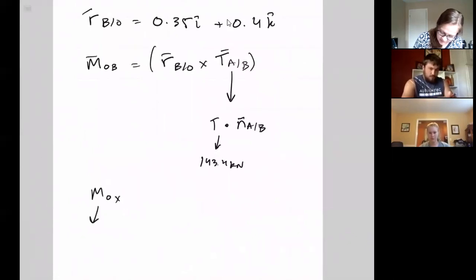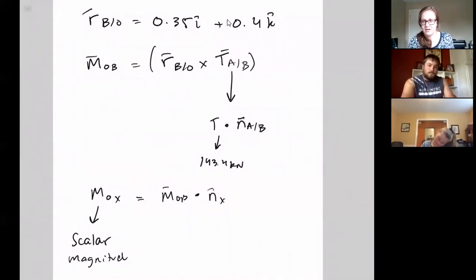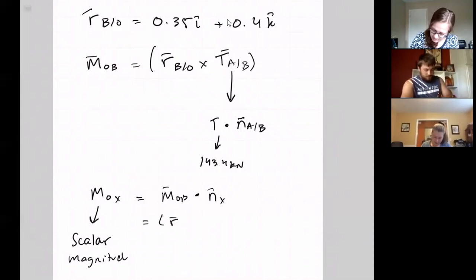M_Ox, and this is going to be a scalar, which is the magnitude. We'll take M_OB dot with the unit vector in the x direction, which is easy because that is what we're defining everything by. And that is also, we can plug that in, cross P_AB dot with x.